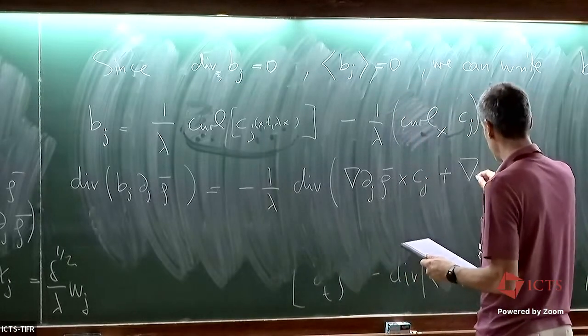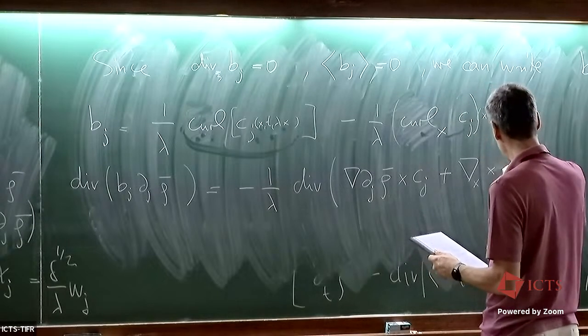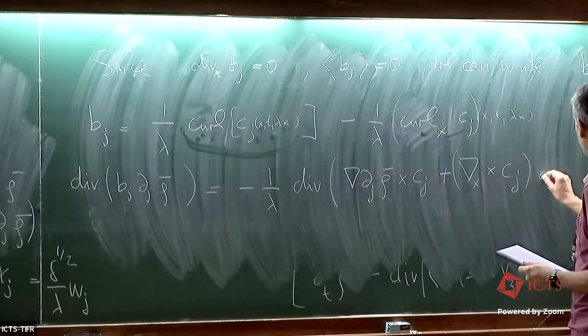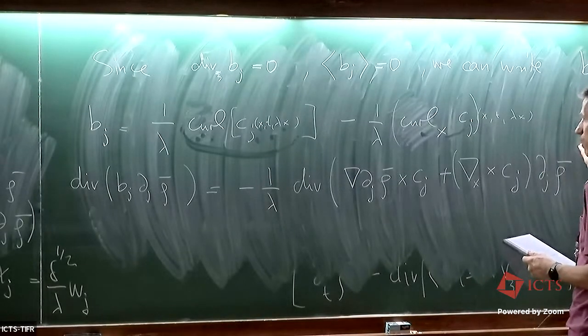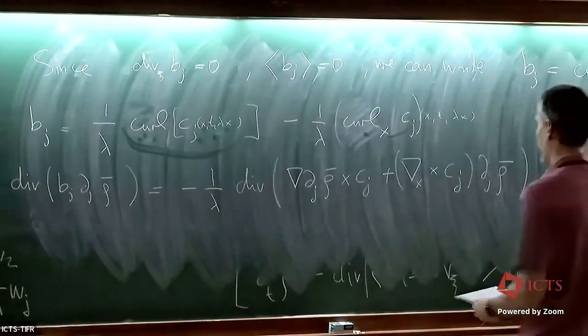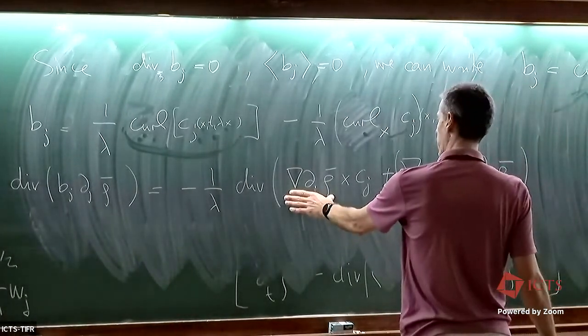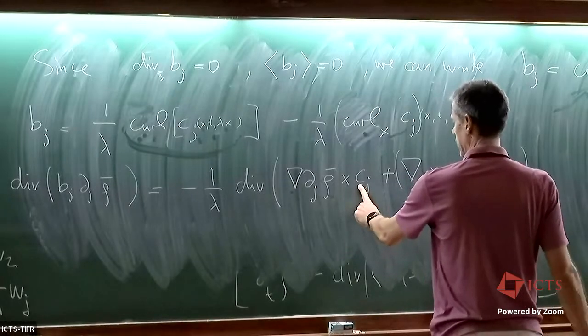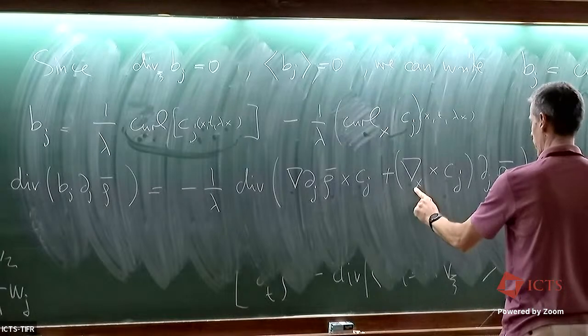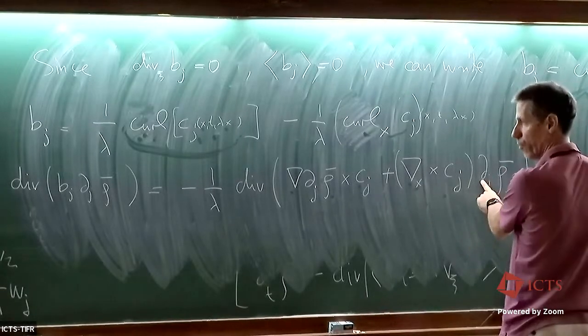It looks pretty nasty, but it has a nice structure. These are the terms. So basically you have something like second derivative of rho bar times this Cj, or one derivative of Cj, but in the slow variable, times one derivative of rho bar.